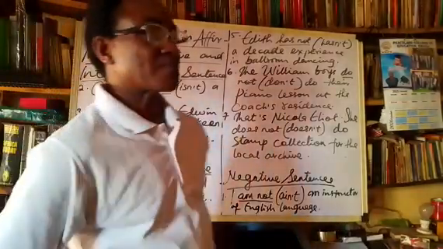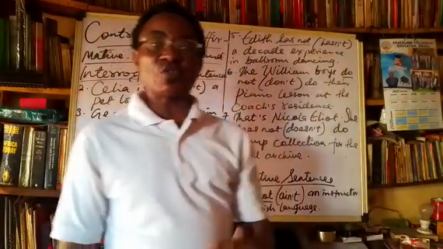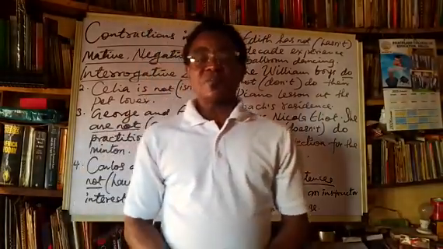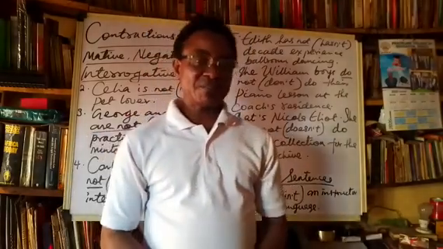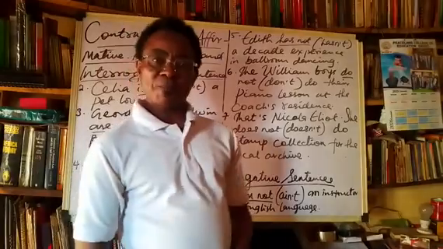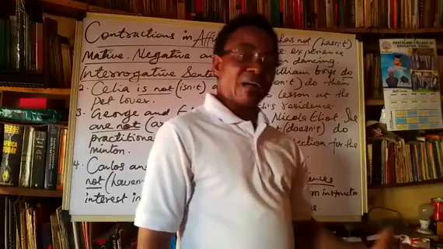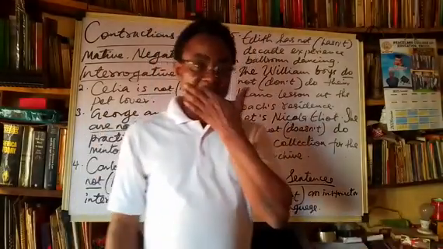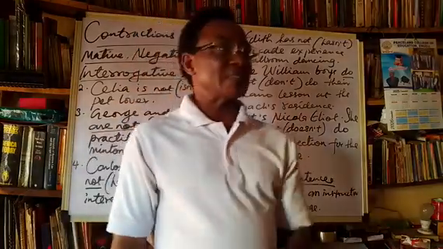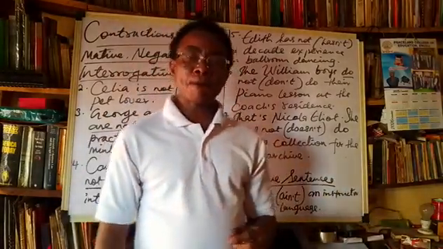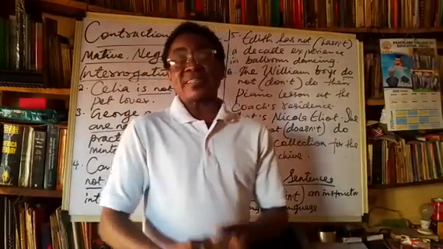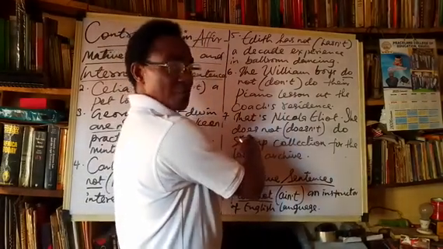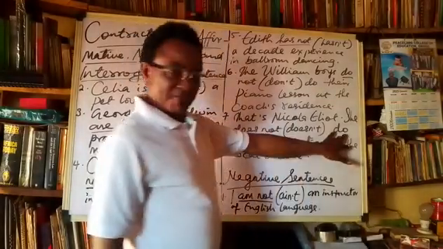Good. You see, when you use auxiliary verbs like do and have in a negative contraction, the word that comes after the contraction is called the infinitive.